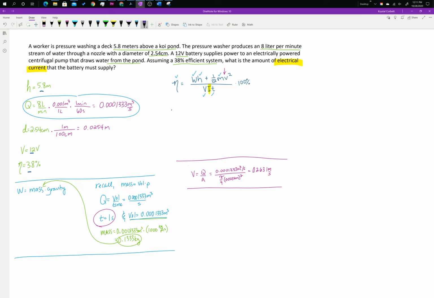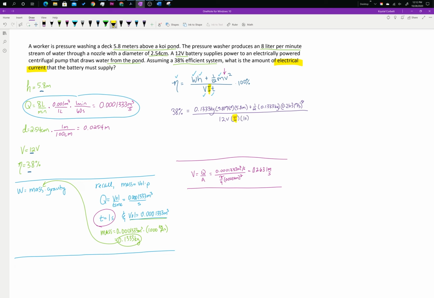Plugging in your known information, we have 38% efficiency. We have a weight, which is mass times gravity. Our mass is 0.1333 kilograms times gravity, which is 9.81 meters per second squared, times our pump head, which is 5.8 meters, plus 1/2 mass, which is 0.1333 kilograms, times the velocity, which we calculated to be 0.2631 meters per second, squared, divided by voltage, which is 12 volts, times current, which is what we're looking for, times time, which is 1 second.